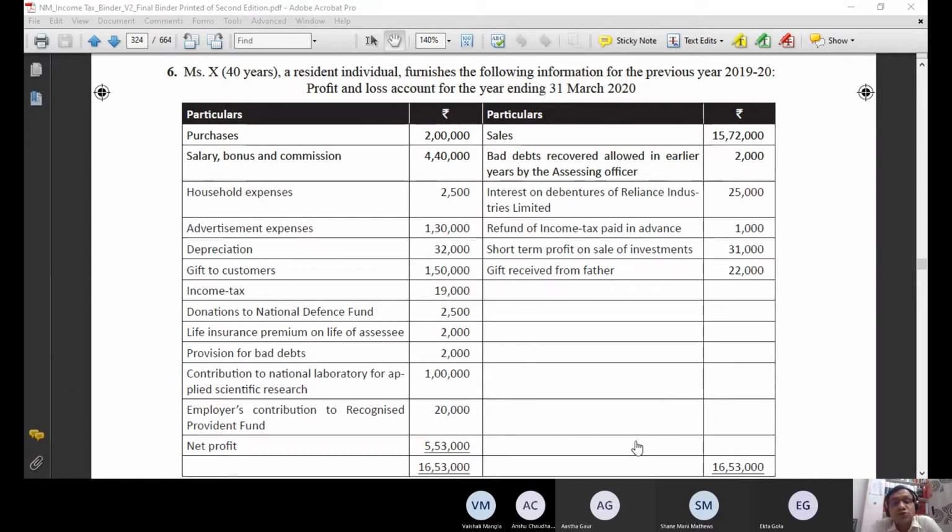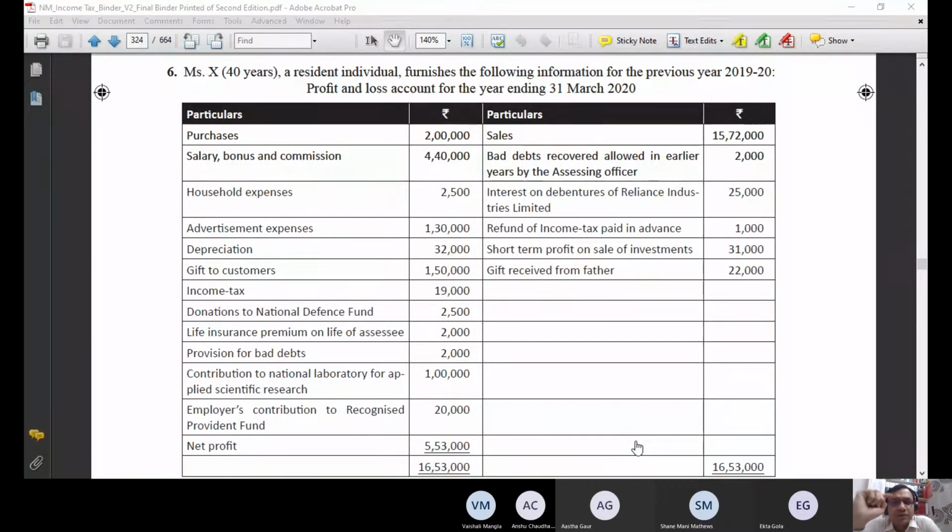Why? Because this does not satisfy the conditions of section 37 subsection 1. Why am I always saying 37 subsection 1? Because sections 30 to 35DDA have those expenditures which have their own names. This expenditure is not covered under that category. Section 36 also constitutes those expenditures which have their own name.